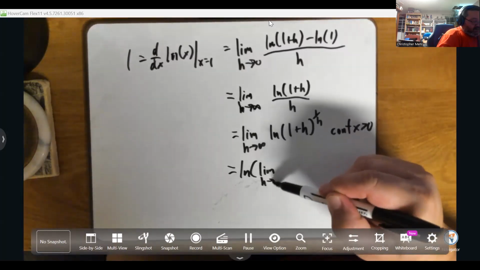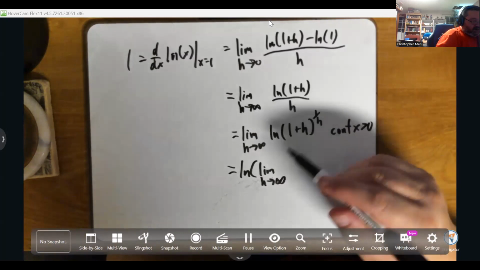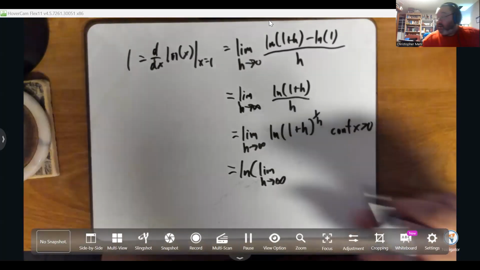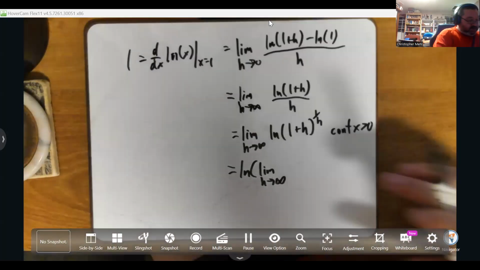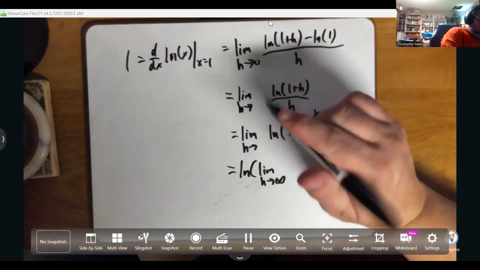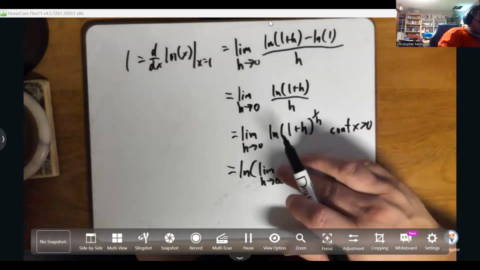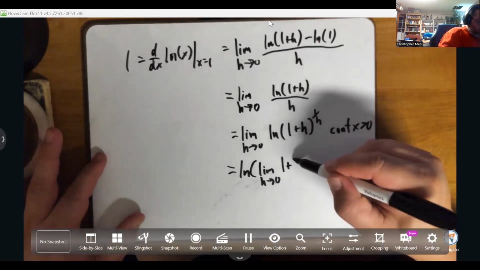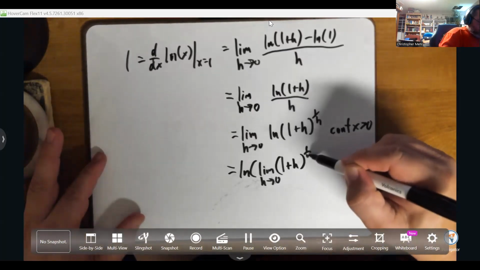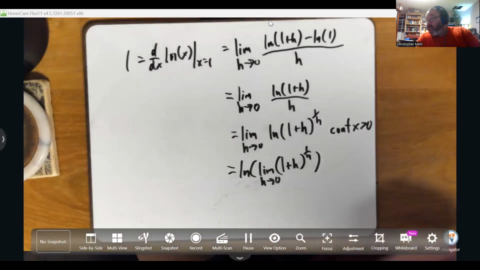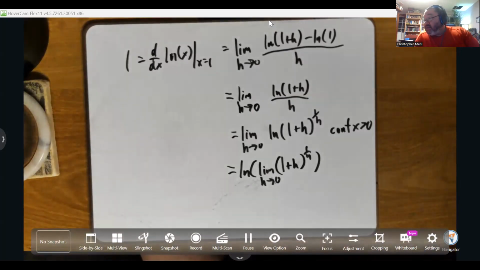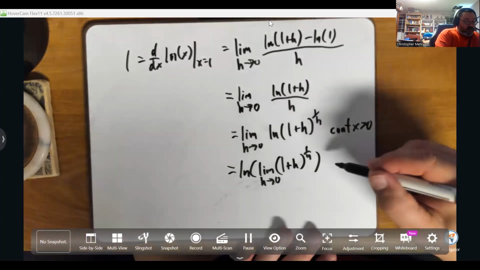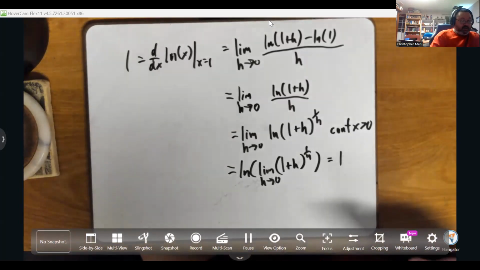So the limit as h approaches 0, sorry, my writing's a little sloppy there, of (1 plus h) to the 1 over h, and that should equal 1.